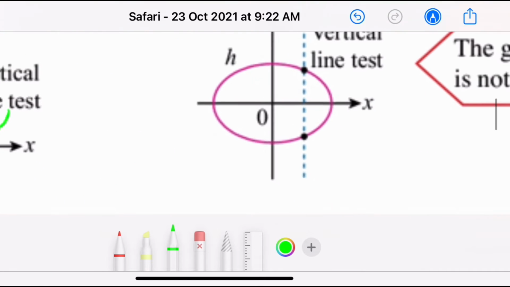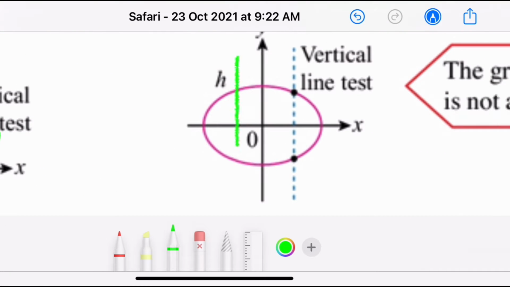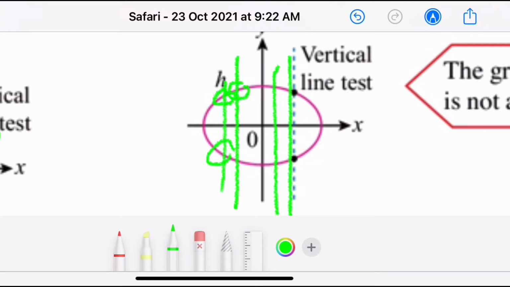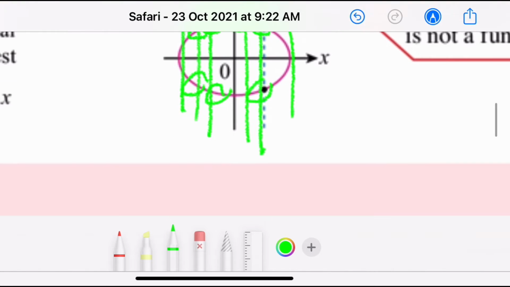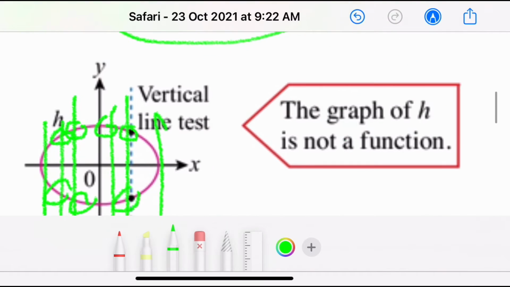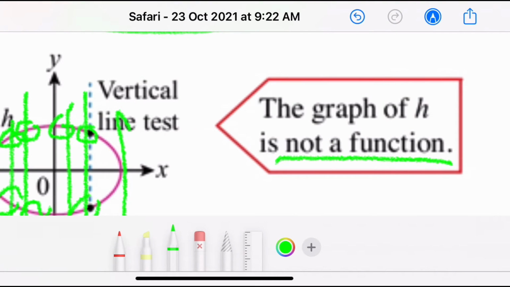So how about this one? If we draw the vertical line on the graph, we can see all the vertical lines actually cut at 2 points except here and here. But since we have a vertical line cut at 2 points, the graph is not a function.